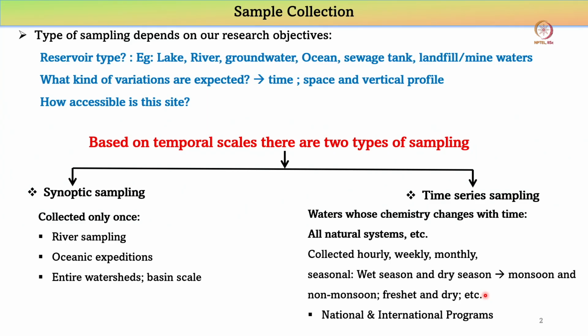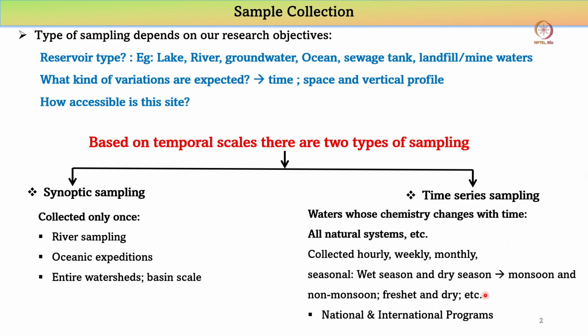Or if I'm going on an expedition for oceanic sample collection, generally all these oceanic expeditions and polar expeditions are thought of on a very large scale. There will be a collective group of scientists who will be writing their individual research objectives.